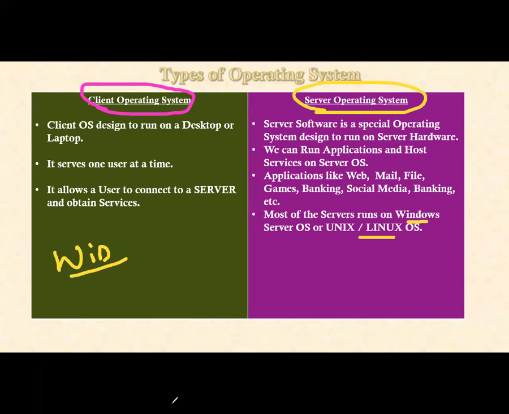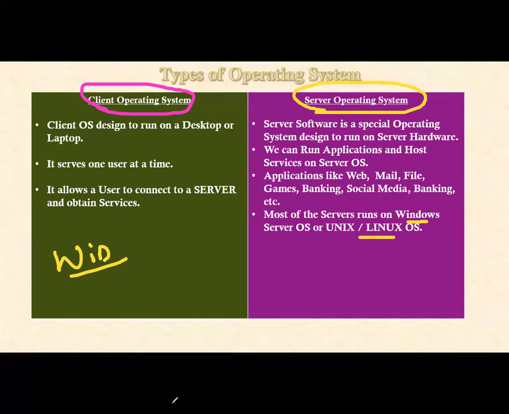Now, coming to the server operating system, there is some competition between Linux and Windows. But although there is competition, Linux still has the upper hand. In 80 to 85% of cases across the globe, when you see a server, it is running the Linux operating system.